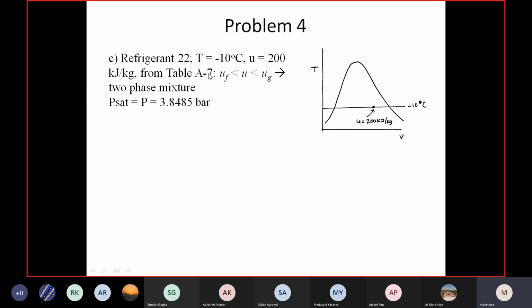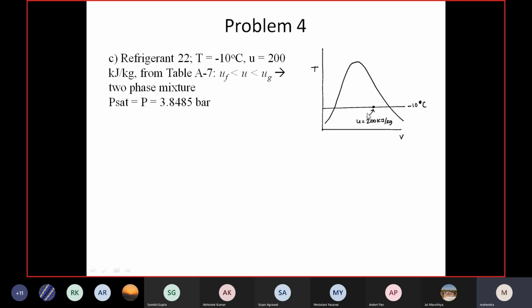In the A7, for this particular temperature, we will be calculating both the specific internal energy of the liquid as well as of the vapor. Here the given specific internal energy is falling between these two, which means this point is lying in the mixture zone, the latent heat zone.